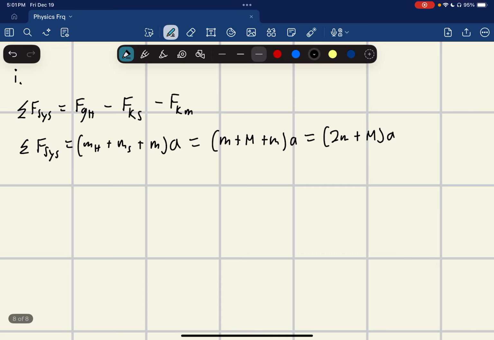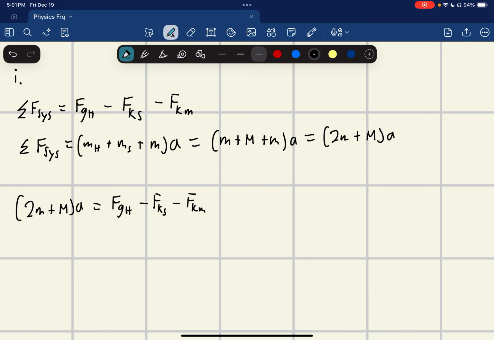Right. And then here we will equal the two net forces equation together. 2 lowercase m plus capital M times A is equal to FGH minus FKS minus FK lowercase m. Okay.